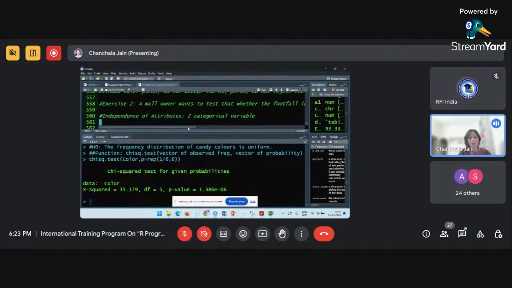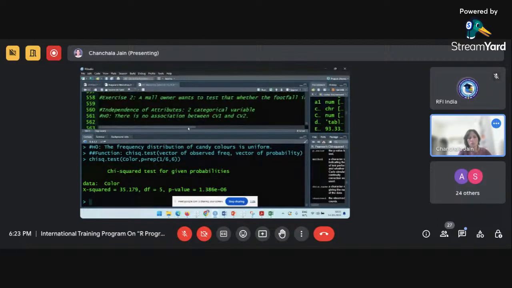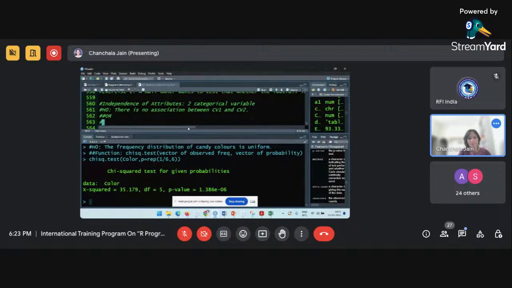So maybe I can write your null hypothesis will be: there is no association between categorical variable 1 and categorical variable 2. Or other way around, I can say the null hypothesis will be: categorical variable 1 is independent of categorical variable 2.